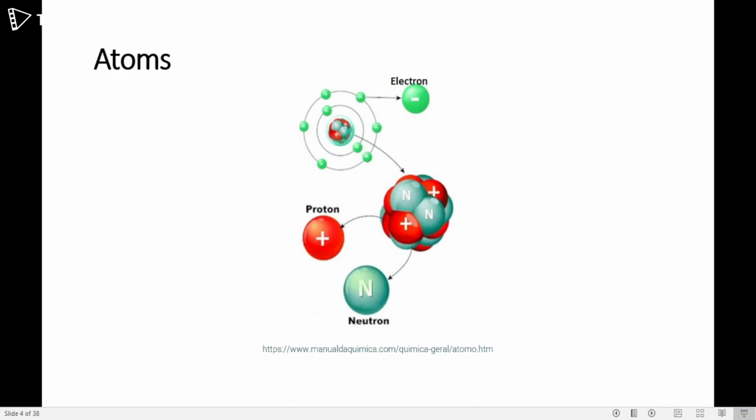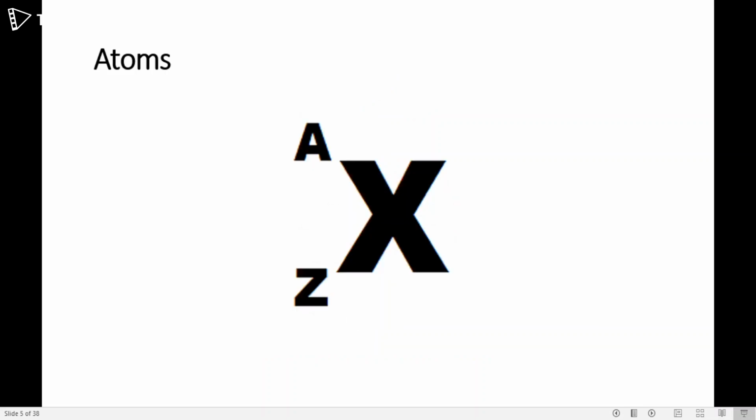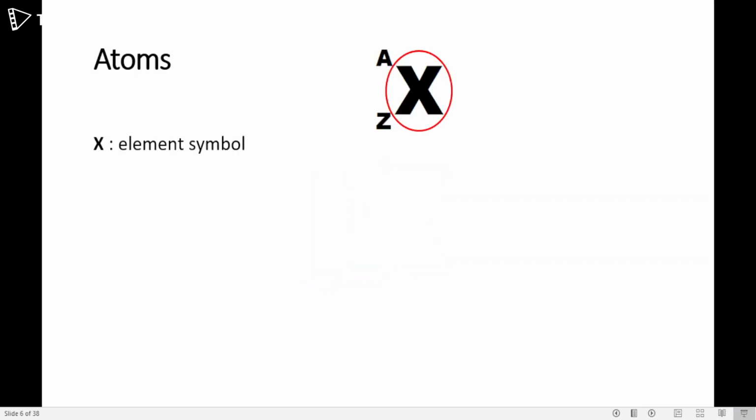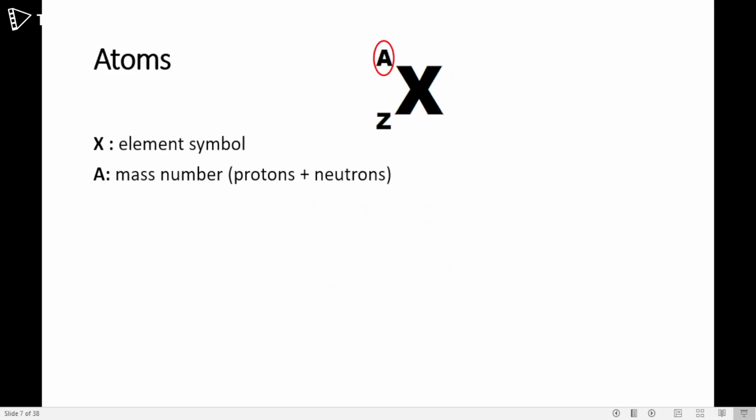So this is why when we talk about atomic mass, mass number, we are referring to the mass inside the nucleus, the elements inside the nucleus, protons plus neutrons. So this is a way of representing an atom. We call it atomic notation, or nuclear notation, where X is the element symbol.